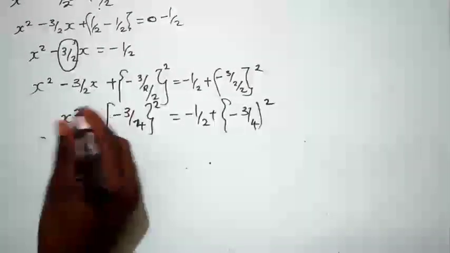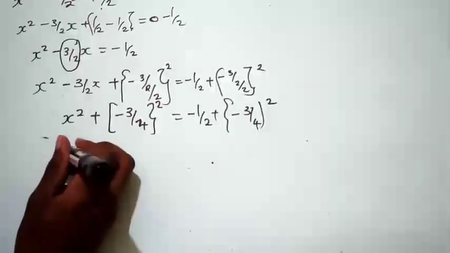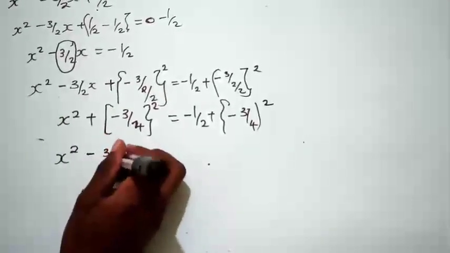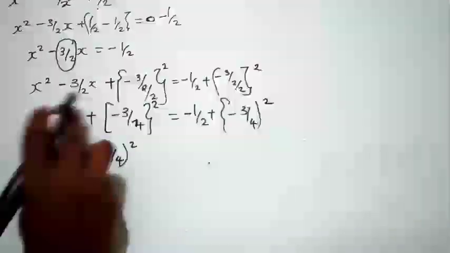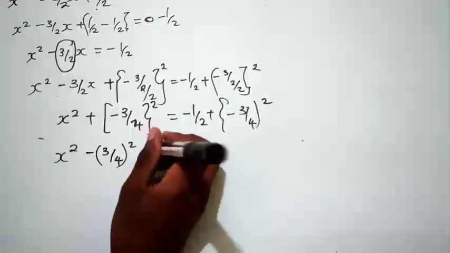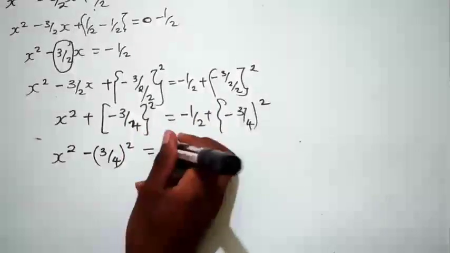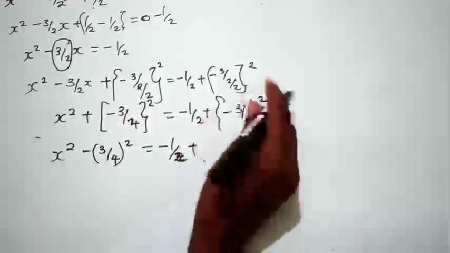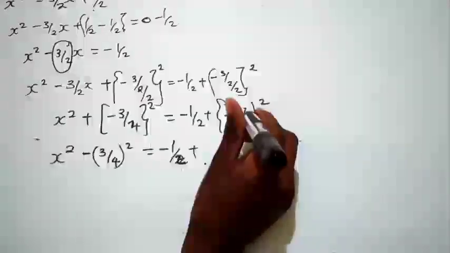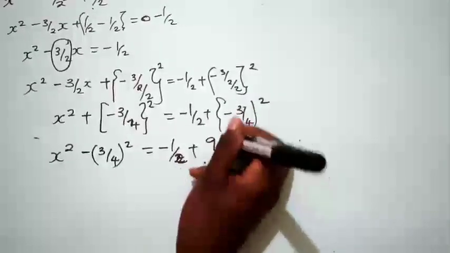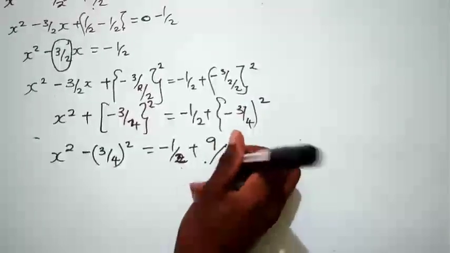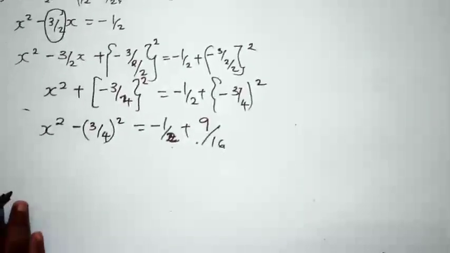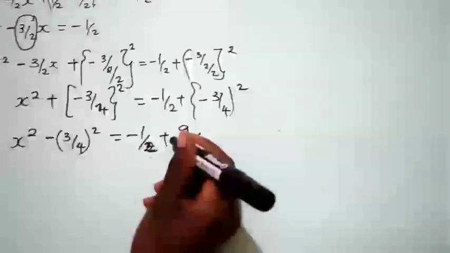So we can open this bracket: x squared minus 3 over 4 squared, negative and positive, gives us negative a half. We can square this in the bracket and it's going to give us 9 over 16. Yes, 9 over 16 when we square. So we have plus 9 over 16.